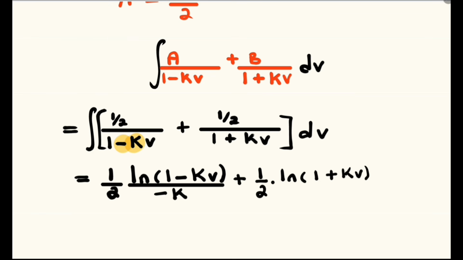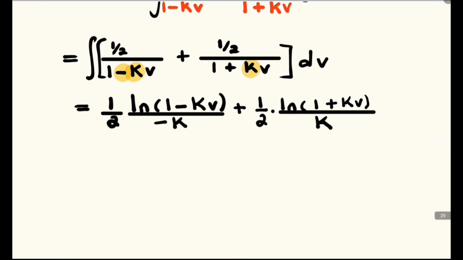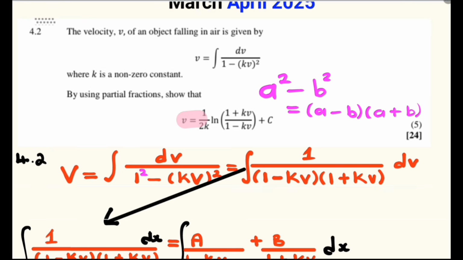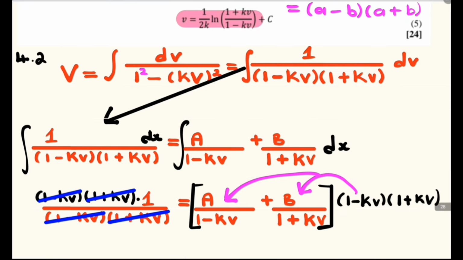And if we were differentiating, we are going to multiply by the derivative of the kv, which is k, but we are integrating, so we are going to divide by that k. And this will be equal to, okay, we forgot our constant c, so we have plus the constant c, and we are proving that velocity.